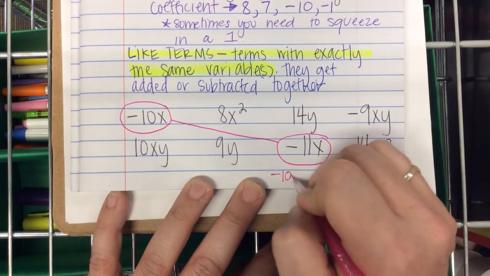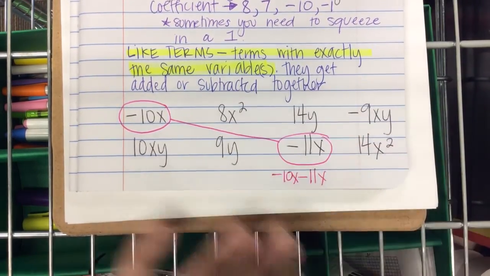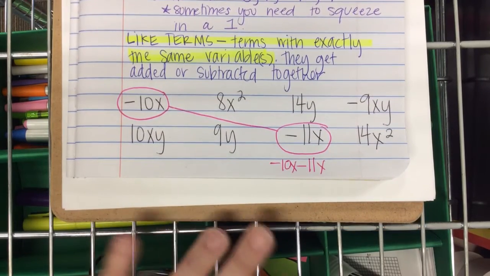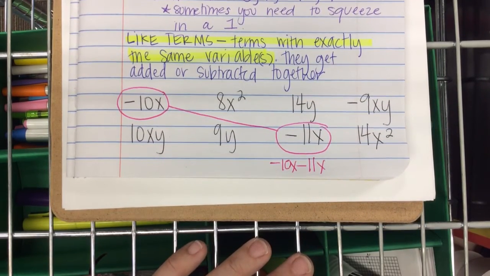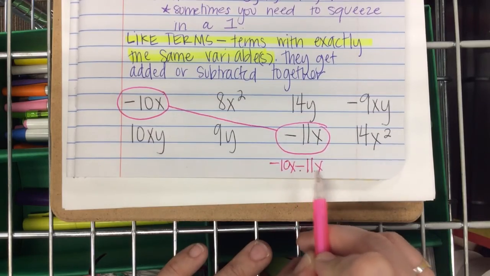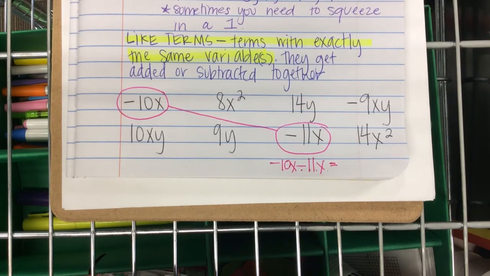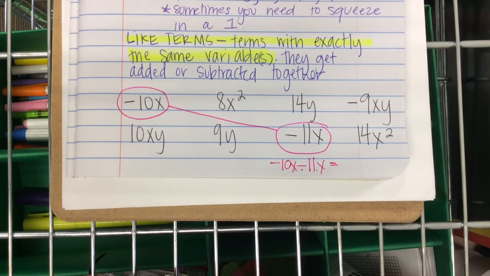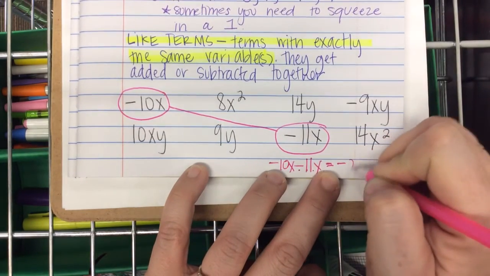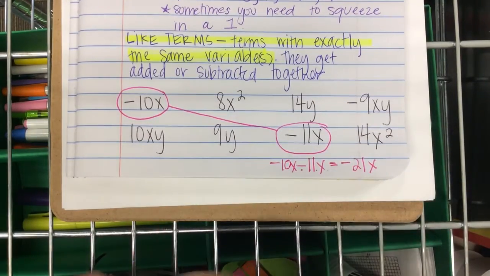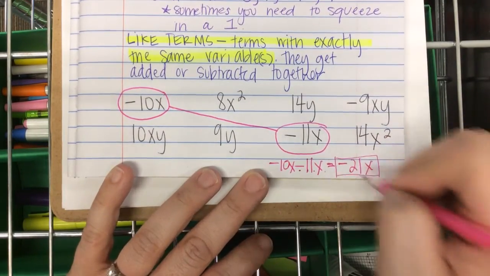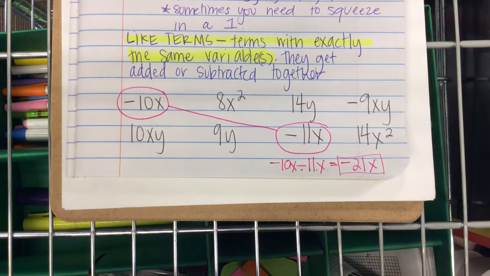That's negative 10x, negative 11x, correct? They're the same, so I write them down. What's negative 10x minus 11x? What do you get as your answer? Negative 10x and negative 11x. If the signs are the same, find the sum, keep the sign. What's the answer? Negative 21x. John, are you taking notes?